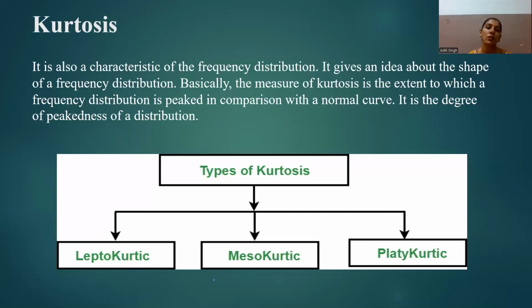Basically, it is a measure of the extent to which a frequency distribution is peaked in comparison with the normal curve. So it is also a degree of peakedness of the distribution of a data set. Okay, it is also known as the bell curve, and it is also a degree of peakedness of distribution.